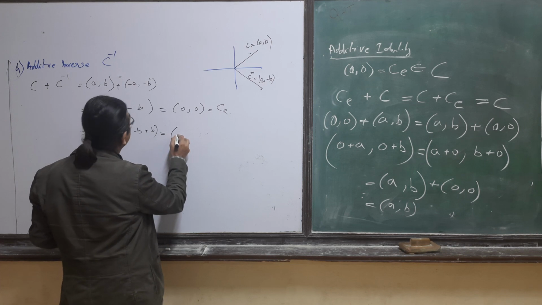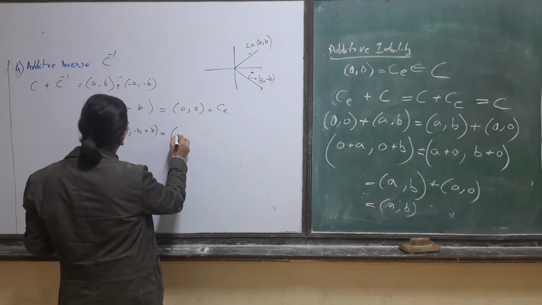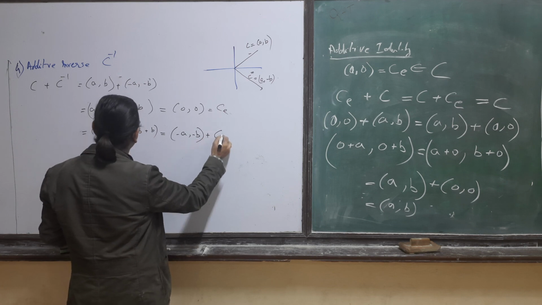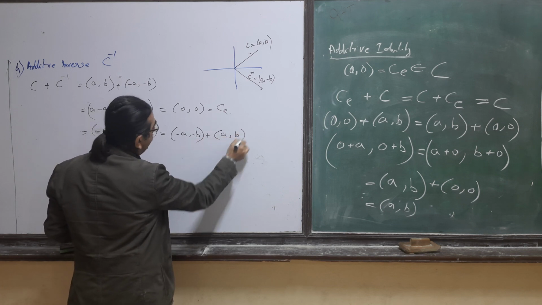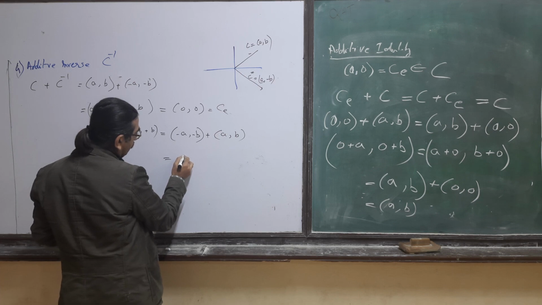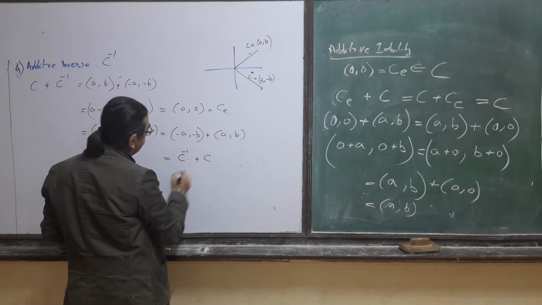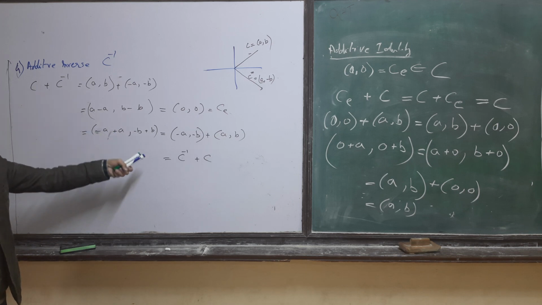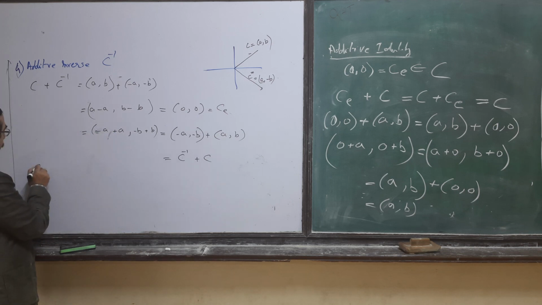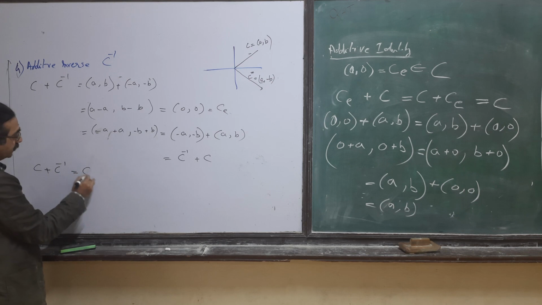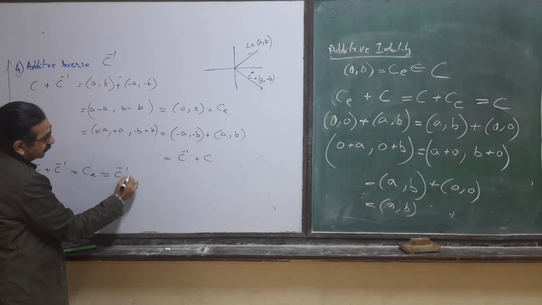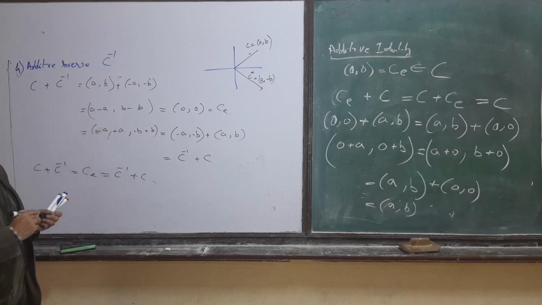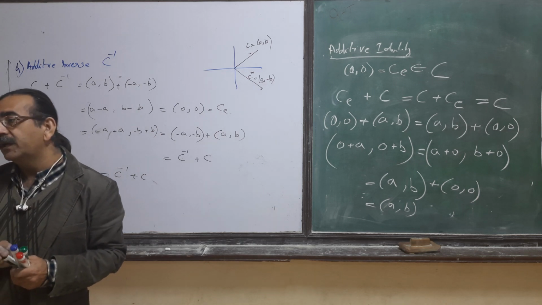This is minus A, minus B plus A, B. This is C inverse. This is C. So this is holding, which means what you have proved is that C inverse plus C equals C plus C inverse. I mean, if you write from left or right, then there will be no change.